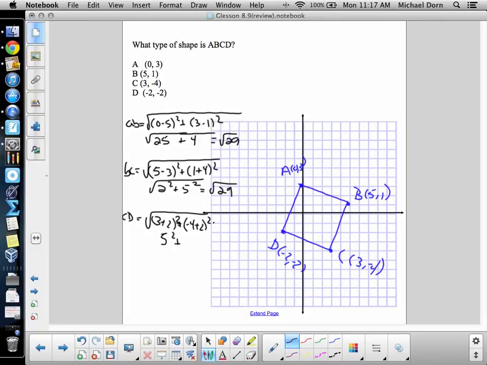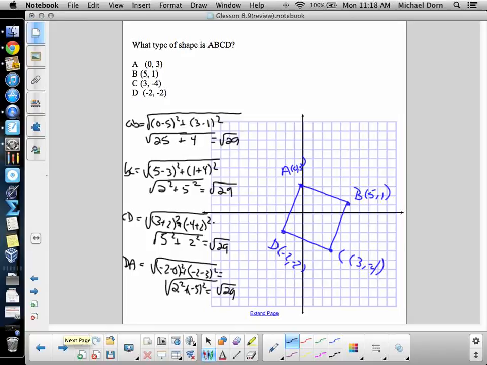So that's 5 squared plus 2 squared again, which is going to be square root of 29. And DA: negative 2 minus 0, and negative 2 minus 3, square root of 2 squared plus negative 5 squared, and square root of 29 again.